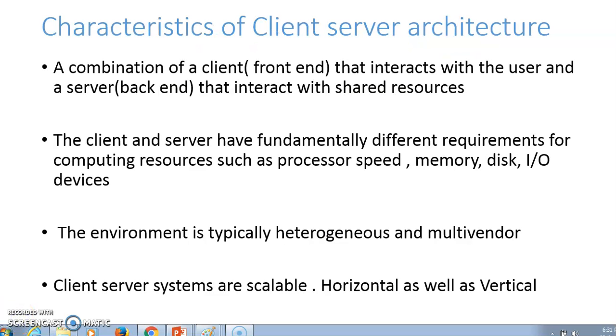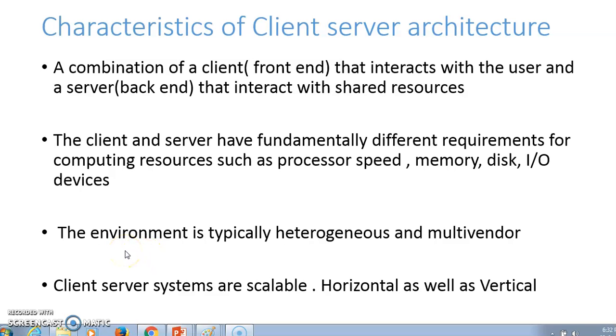The role of the application or the web server is to provide translation service between the client and the server. These are the characteristics of client server architecture. It is a combination of a client, that is front end, that interacts with the user, and a server at the back end that interacts with shared resources. The client and server have fundamentally different requirements for computer resources such as processor speed, memory, disk, IO devices.